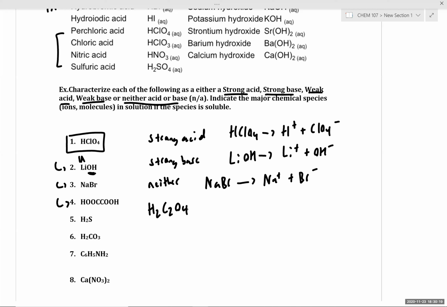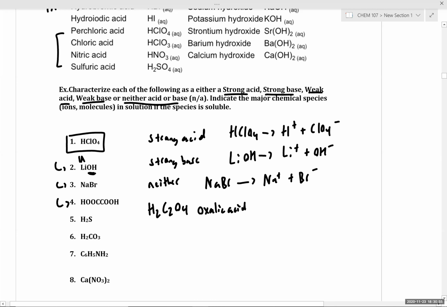We've seen this in the nomenclature chapter. To give everyone a hint, this is known as oxalic acid.